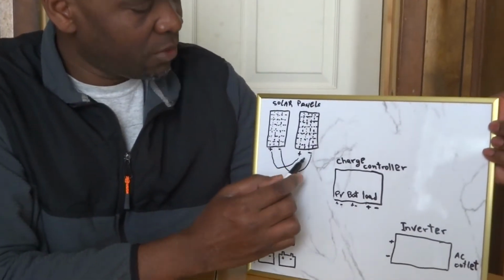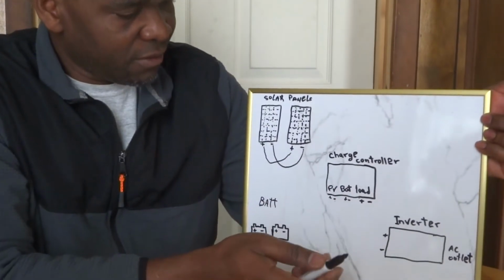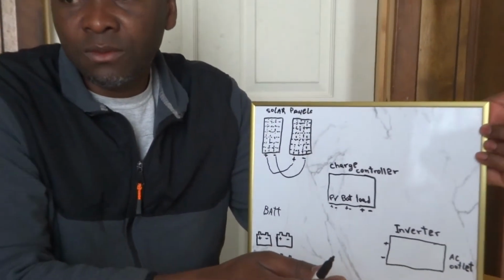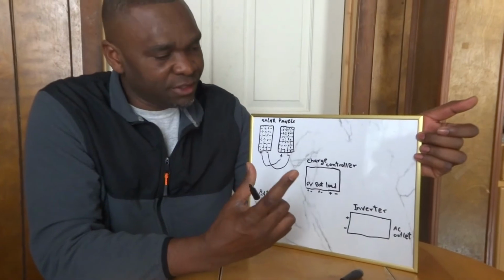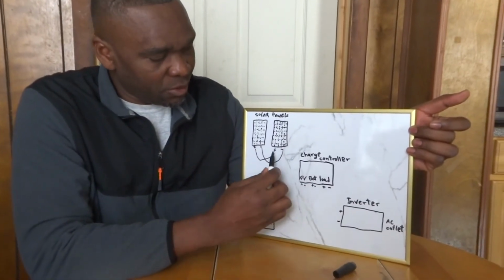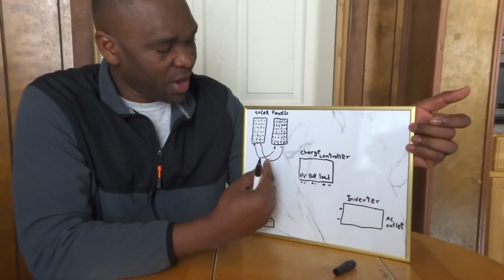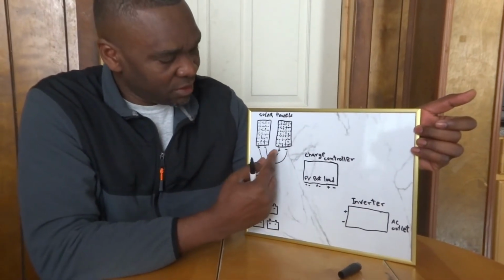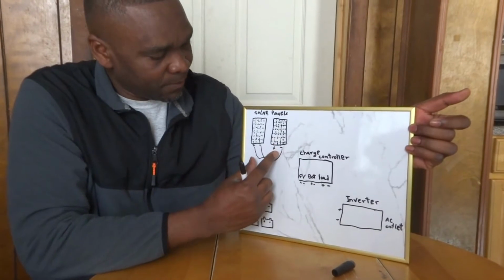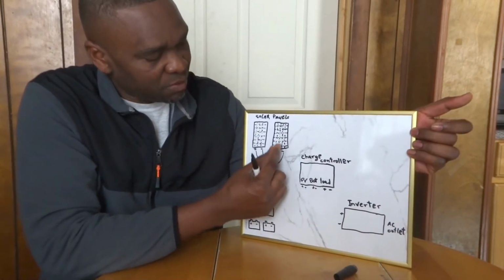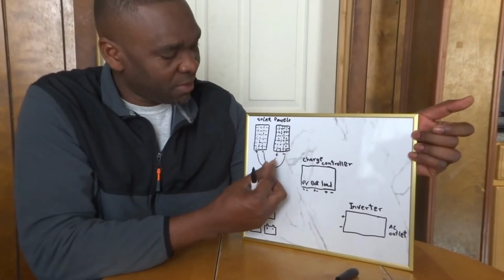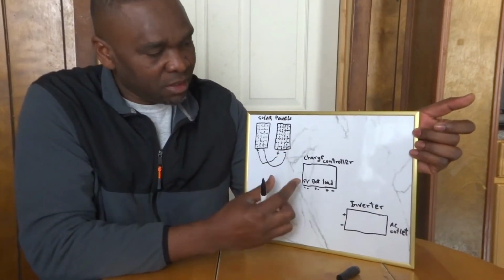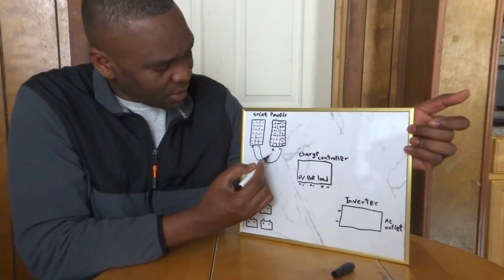And then now you can connect. They usually give you a Y branch. The Y branch makes it better. The Y branch connector or parallel Y branch, you got the MC4 connector, you just plug it into the solar panel and then you can add them in parallel easily. So, yes.